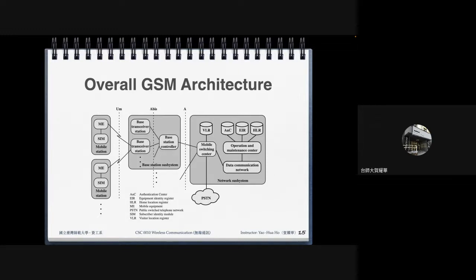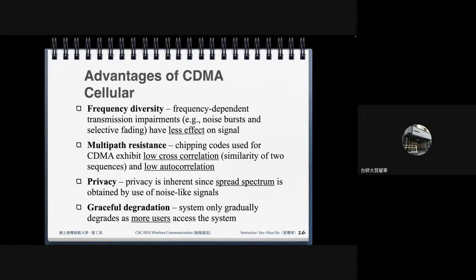Now we also talk about the third generation, which comes along and takes advantage of CDMA, which we've been talking about. The advantage of a CDMA cellular network is that you're able to do frequency diversity, which is independent of transmission impairments such as noise and selective fading. CDMA also has much better multipath resistance because the chip codes used in CDMA have very low cross-correlation and very low autocorrelation.